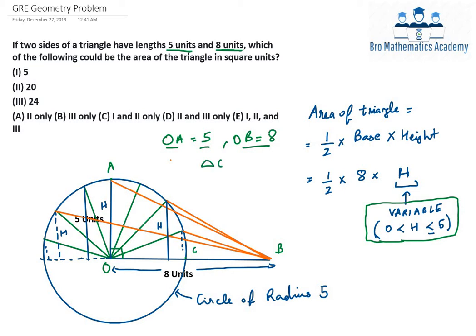So triangle OAB is one possibility out of millions of other possibilities. Now if I take a circle with radius OA, and this circle cuts OB at point C, and if I extend OB, let's say this point is E.